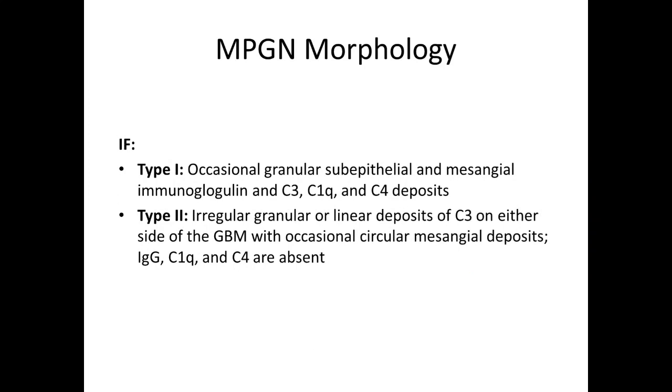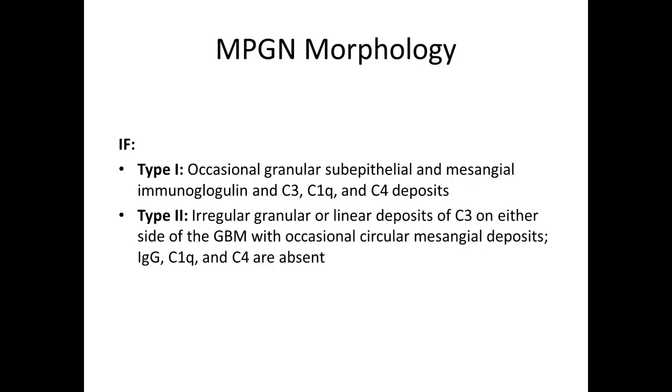And of course, immunofluorescence microscopy gives us the possibility to divide this pathology into 2 types. The first type shows granular subepithelial and mesangial immunoglobulin fractions like C3, C1q, and C4 deposits.